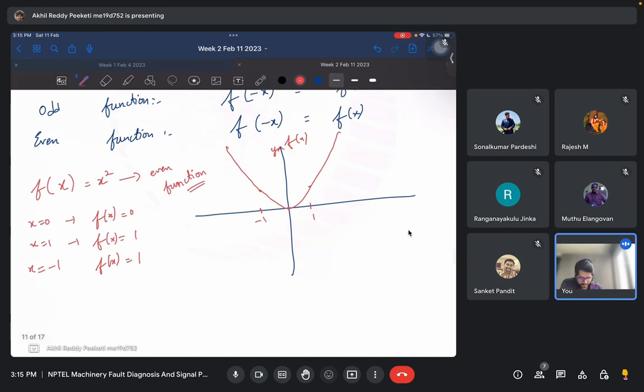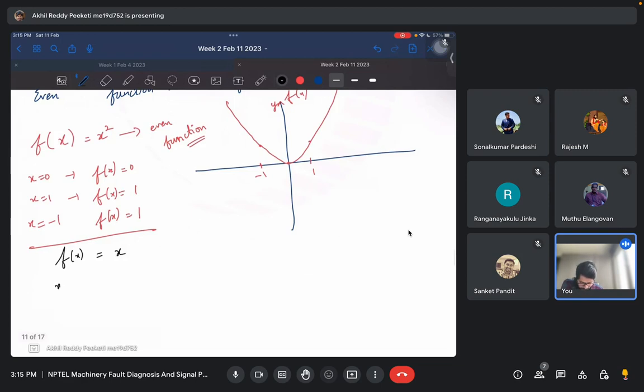But let's say you are looking at only f of x is equal to x. So x is equal to 0, f of x would be 0. When x is equal to 1, f of x would be 1. When x is equal to minus 1, f of x would be minus 1.